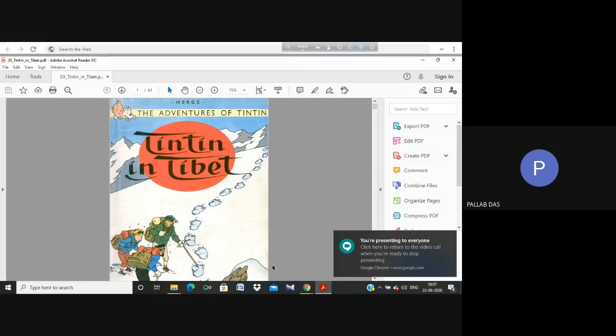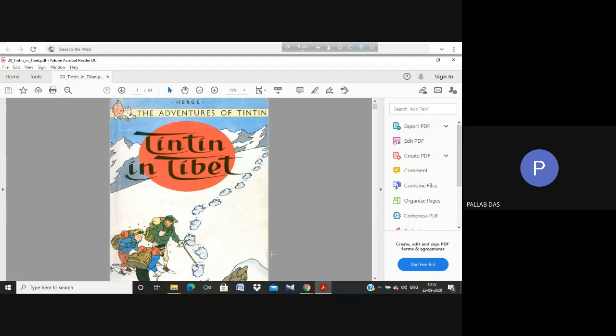Look at this. A white snowy mountain, and that also it is very steep. You can see this, and they are struggling with the footmarks of the Yeti, and we have only blue sky and white mountains which are snow clad, and some stony parts are revealed.